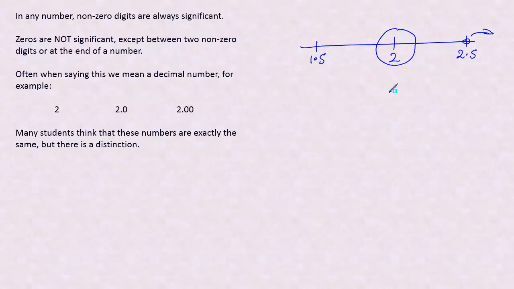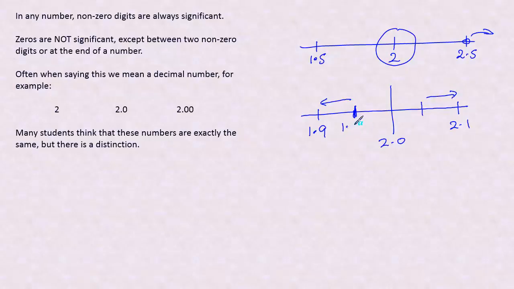But that's not the case with 2.0, because if we have 2.0 here, then what we'd need to look at is numbers in the range from 1.9 to 2.1. Well, anything here would round to here. Anything in here would round to here.